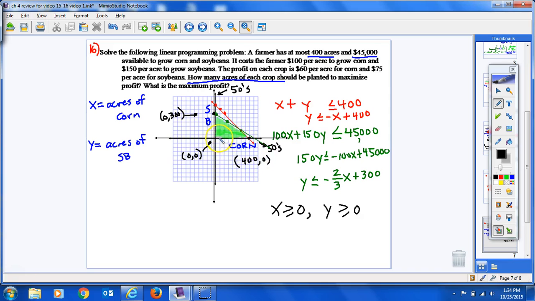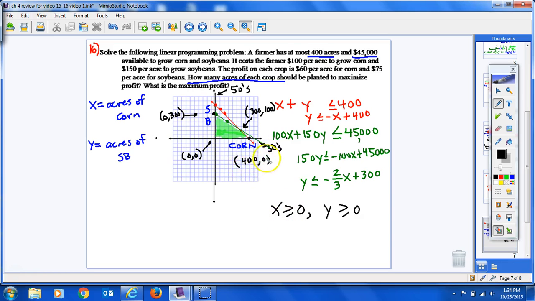And then where the two lines cross, 6, which is 300, 6 times 50, and then up 2, which is 100. It's that vertex.